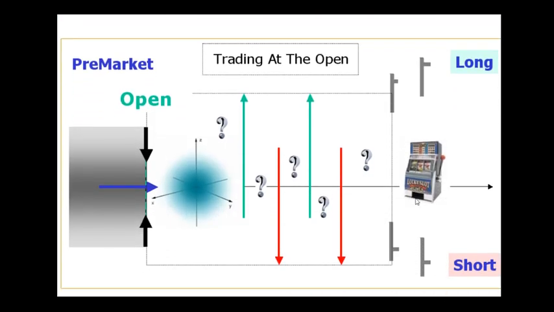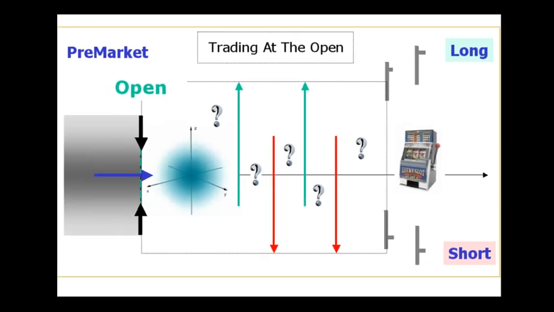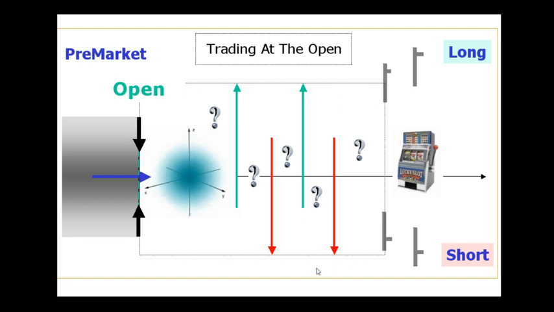Now the other thing we want to be aware of, and this is our catch-22, everything in the market and in trading is a double-edged sword, right? Trading at the open can be extra tricky, extra erratic, and stops can get hit.